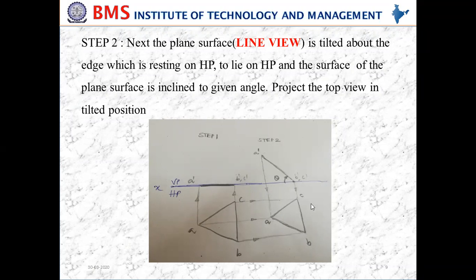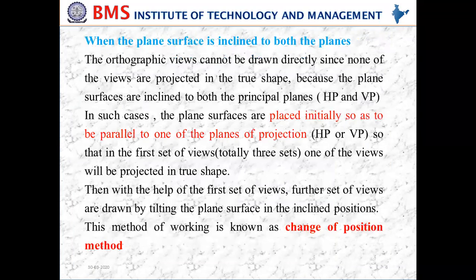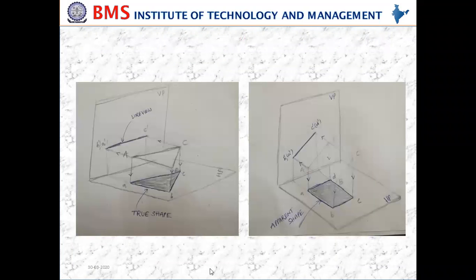Now this ABC is different from the previous ABC. Why? Because the earlier ABC is an equilateral triangle, but this is not, because it is tilted about an angle theta. When the lamina is inclined, the shape you get is not the true shape.